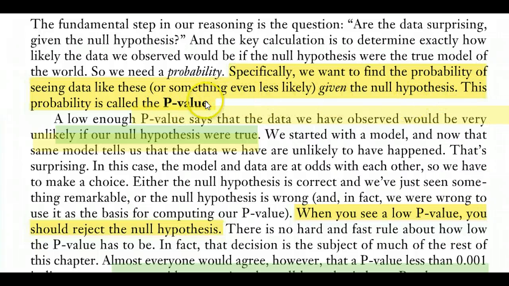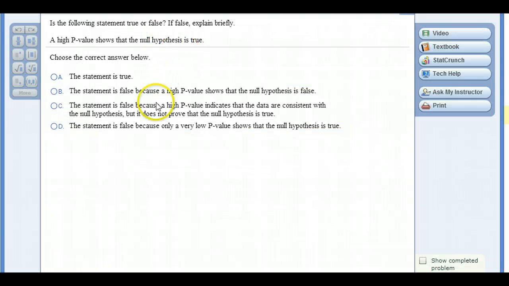So if the null hypothesis is correct, the p-value is really a probability that's related to that being the case. A low enough p-value says that the data we have observed would be very unlikely if our null hypothesis were true. So that's going to be a strong hint as to whether or not the statement is true or false.